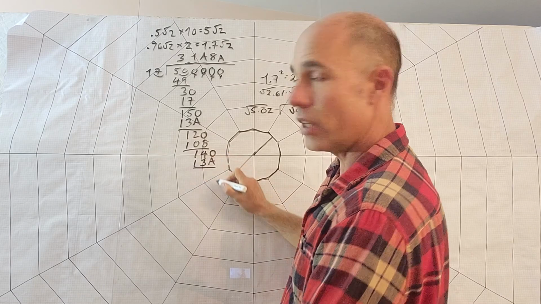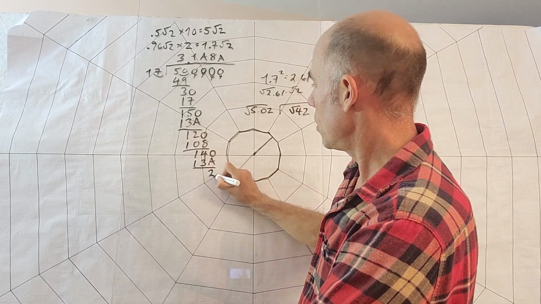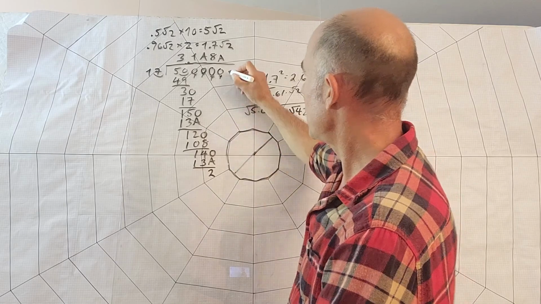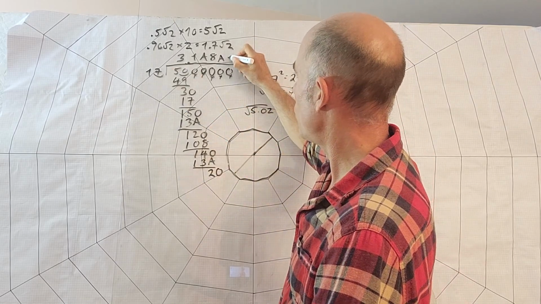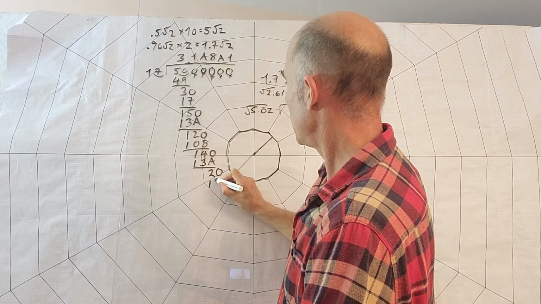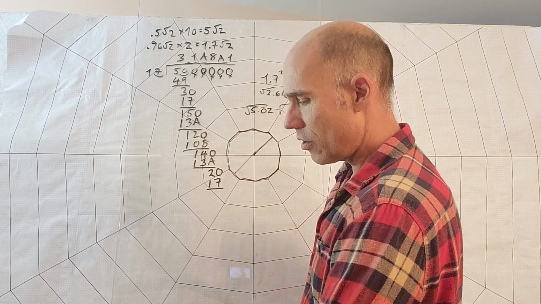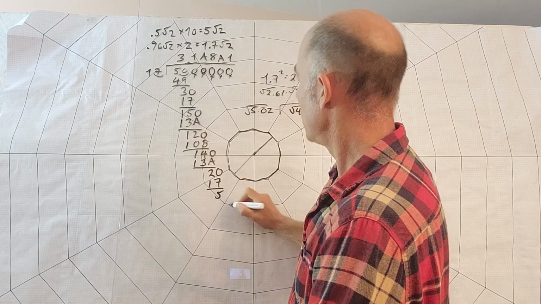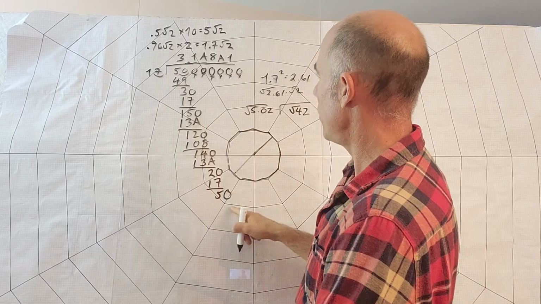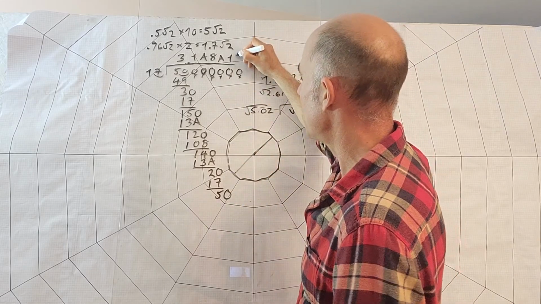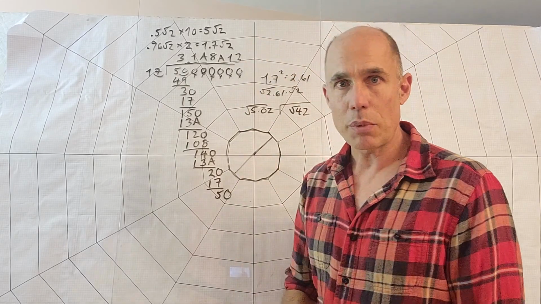So the remainder is 2. There we go with the 2. So we're going to bring down another 0. 20. So 17 goes into 20 once. 1 times 17 is 17. And the remainder is 5. So we bring down a 0. And we're back to the 5 that we started with. So the next one's going to be 3. And this is now a repeating decimal.